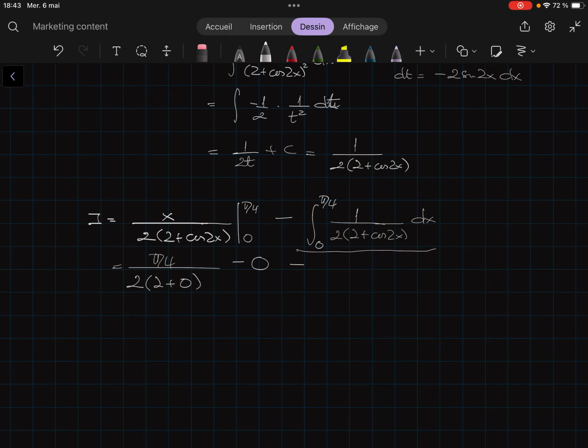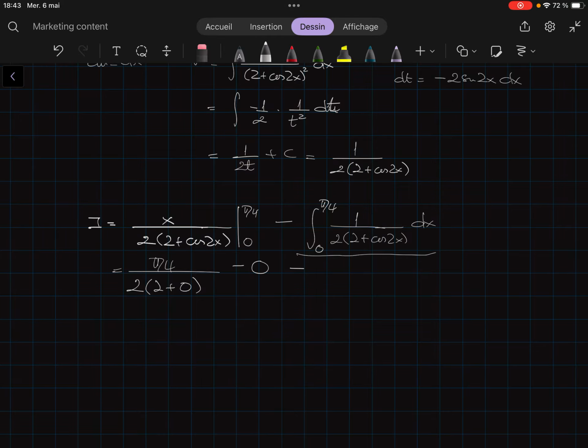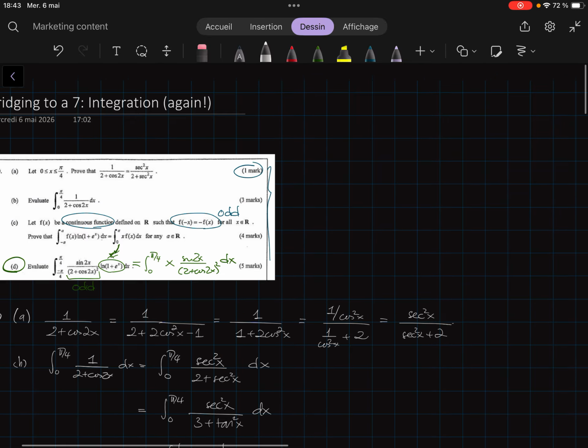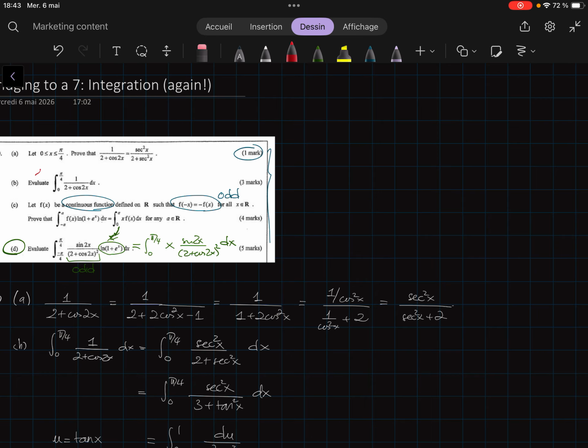This looks familiar. Have we seen this before? 1 over 2 plus cos of 2x. What's this?